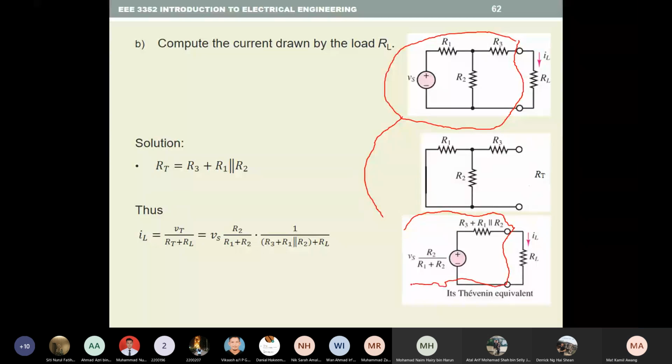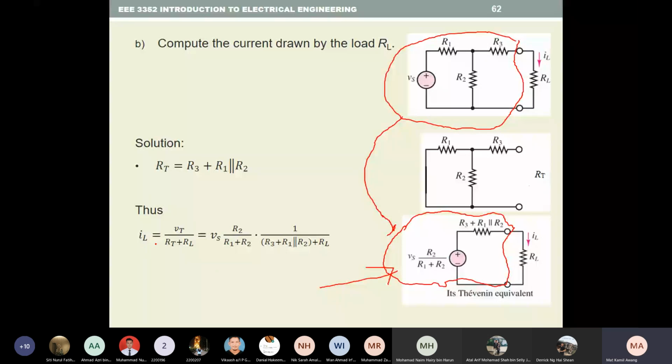This is what we call the Thevenin circuit. When we replace it by that, we can use the voltage divider or the mesh analysis to find the current across RL.